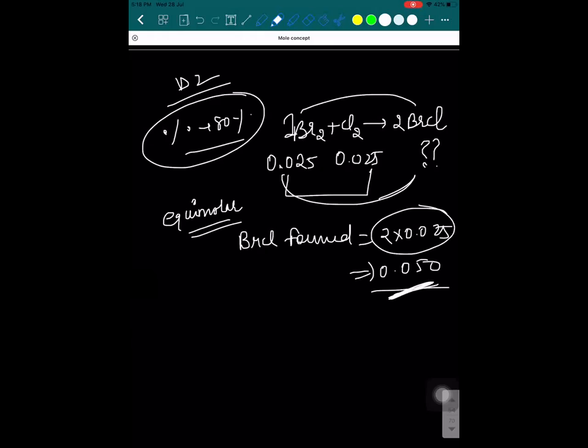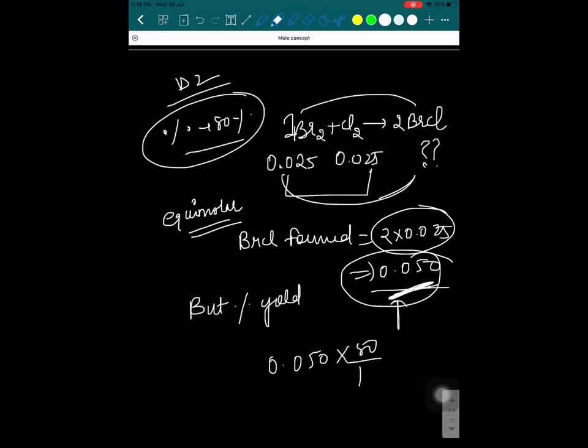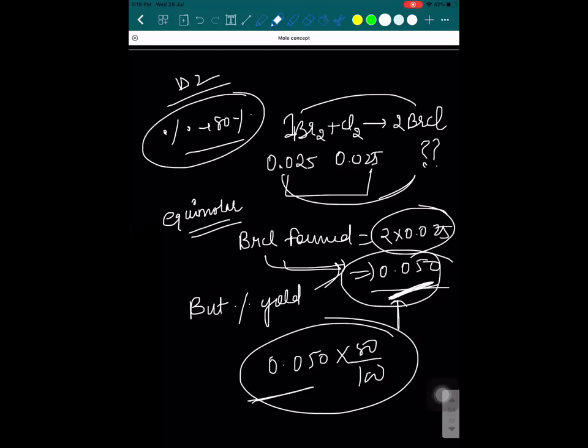Now, the question is, the percentage yield is 80%. This is for 100%. For 80% it will be 80% of this one. Yes or no? This is for the 100%, but in the question they are asking for 80%. Now you understood?